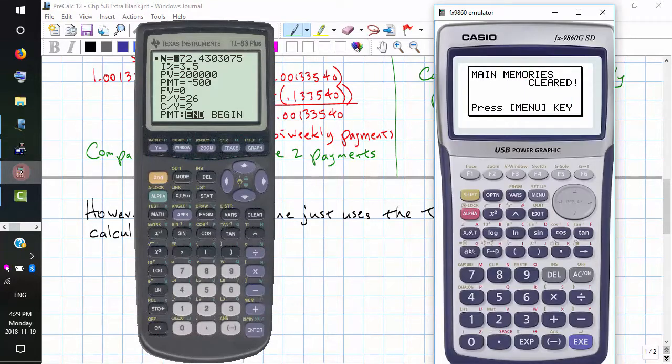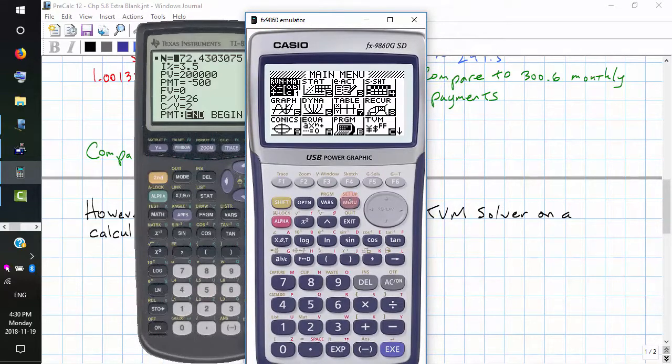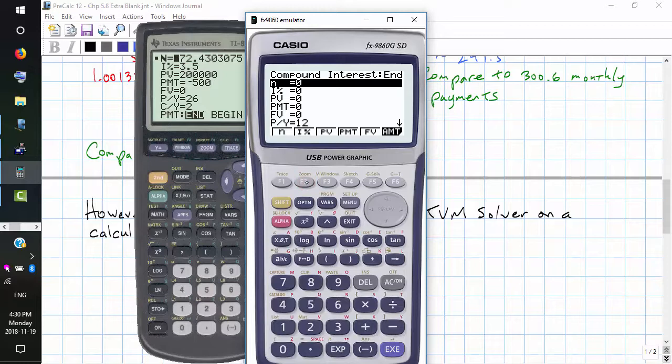Let's use the Casio for the other solution. Menu, TVM is here, so we just press the C key. And we're doing compound interest. Okay, so let's enter this again, 3.5. Our present value is 200,000.